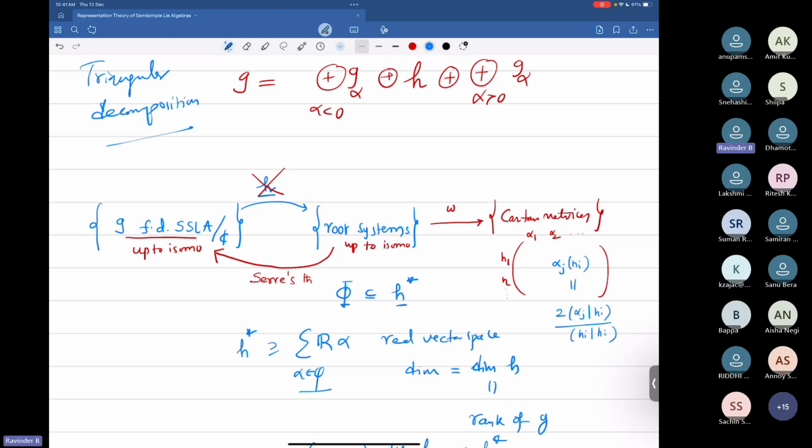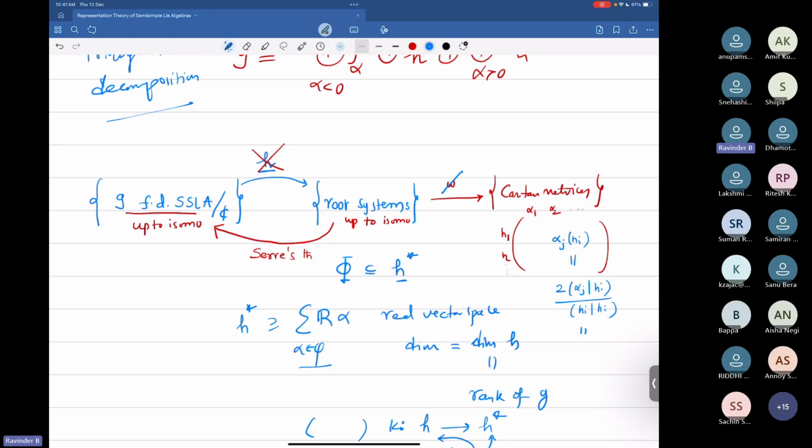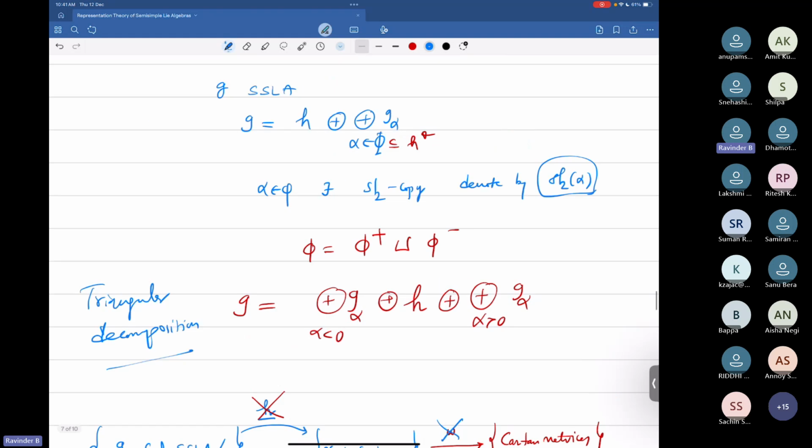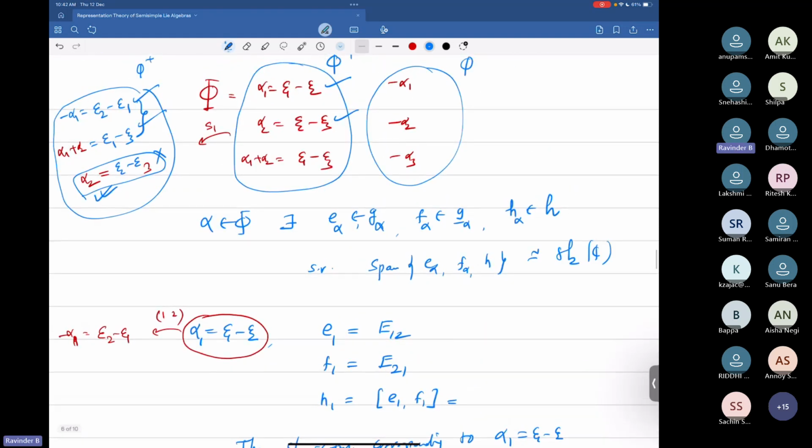I hope this is discussed already in this class. What I want to tell you is that these numbers are the same if you change by Weyl group elements. If you take another Weyl group element, the beauty here is that under a Weyl group map, the simples map to simples. These two are simples again, because this corresponds to some of these two.